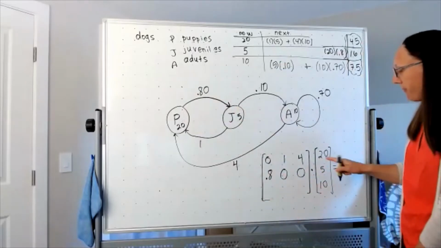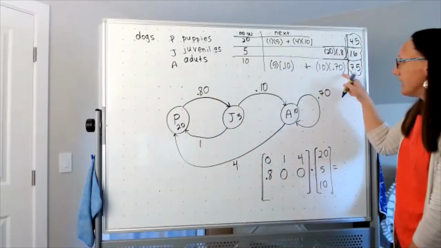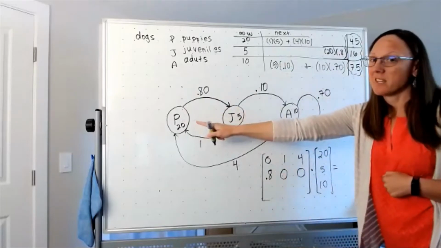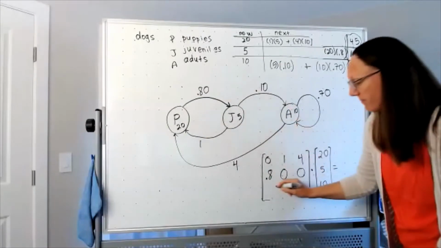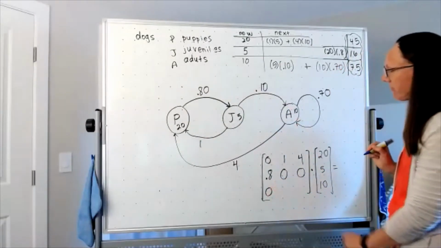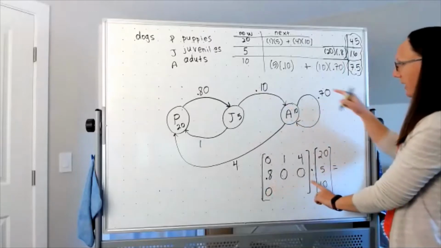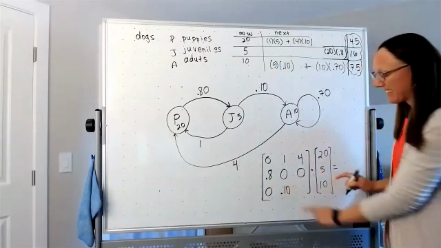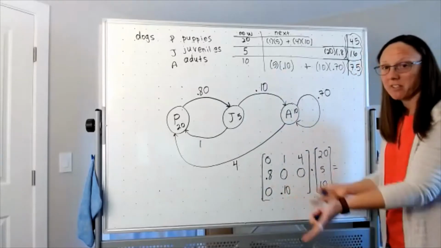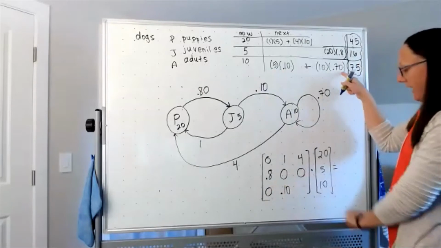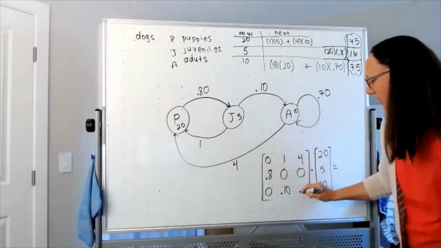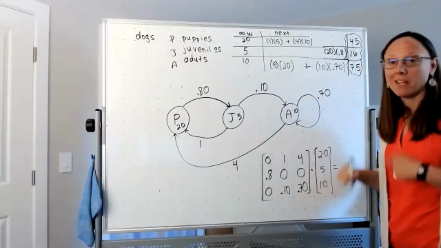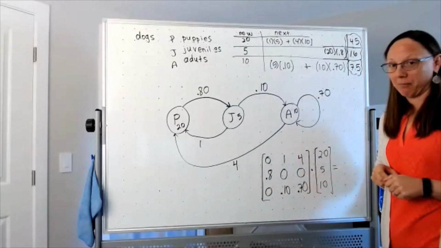That bottom row, my 20 didn't get multiplied by anything because as much as they might like, those puppies can't jump straight to being adults. My juveniles got multiplied by 10% because 10% of them survived to be adults, and my current number of adults got multiplied by 0.70 because 70% of them survived to live another year.